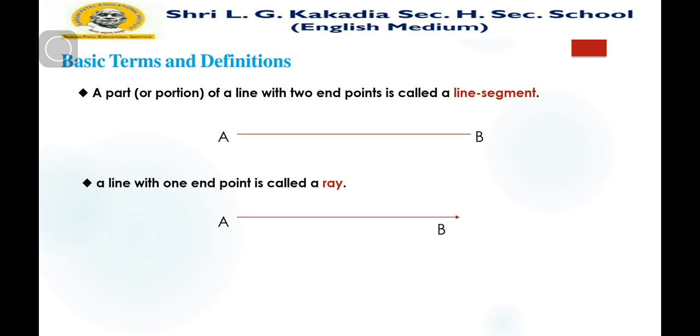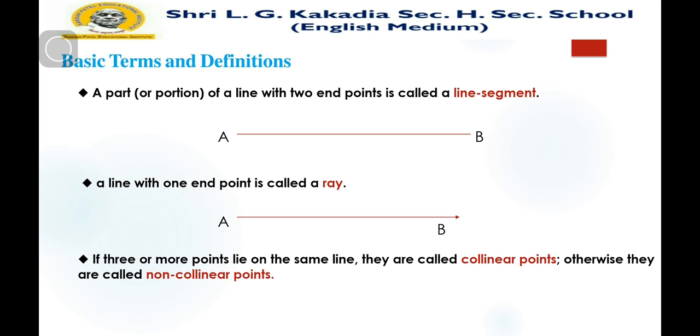And the third definition is collinear points and non-collinear points. How can we say whether the given 3 points on the plane are collinear points?